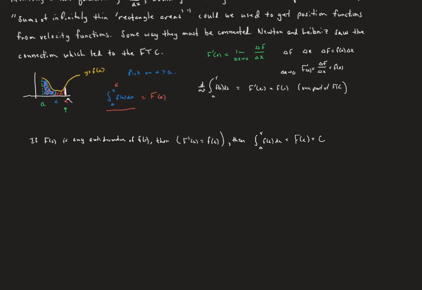So there could be some other constant in there. If we differentiate both sides here, on the right side we would get capital F prime, which we said is little f of x. And so therefore when you find an antiderivative, you're going to have some other constant c. So let's look at that c and see what we can figure out.